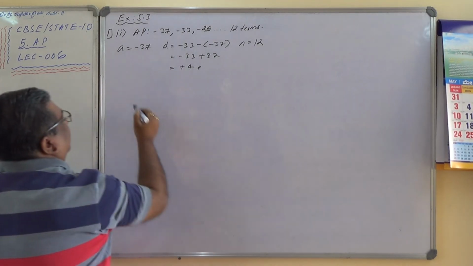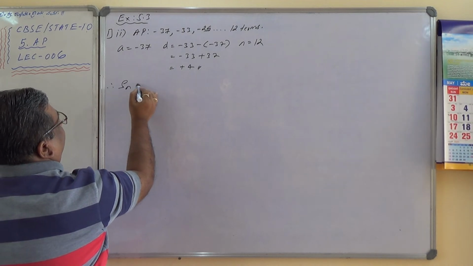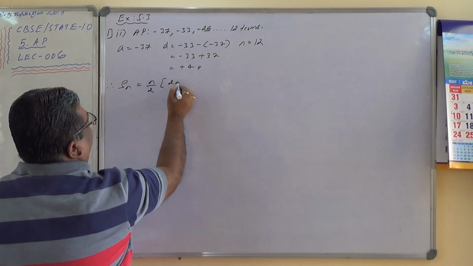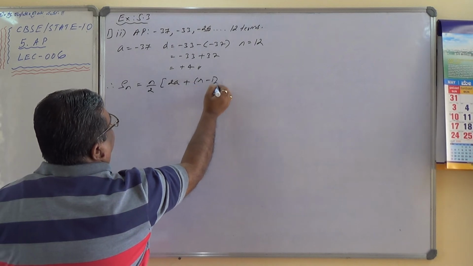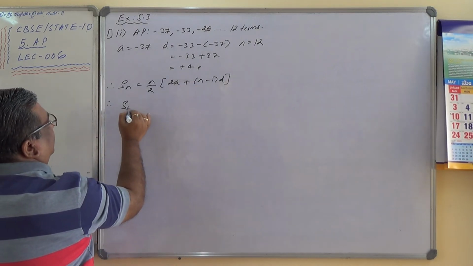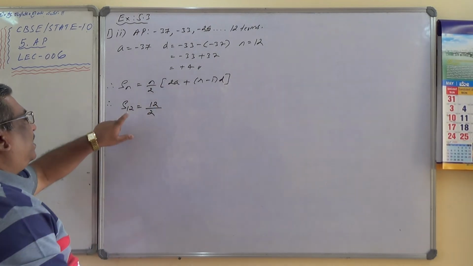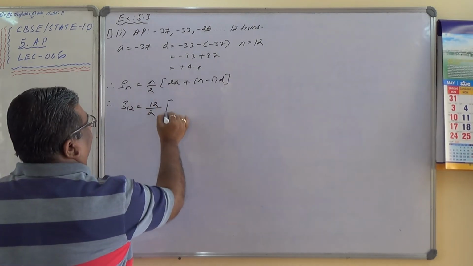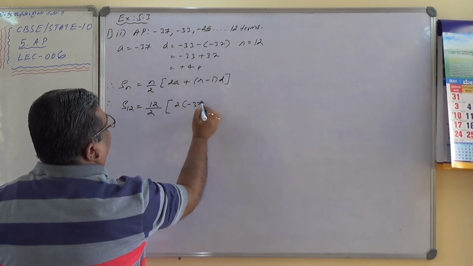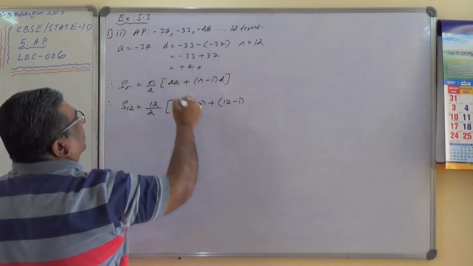Therefore, the sum of first 12 terms, Sn, is given by n by 2 into bracket 2a plus n minus 1 into d. This is the formula, and therefore S12 equals 12 by 2. Wherever n is there, you replace it by 12. 2 times a is minus 37, plus n, 12 minus 1, d is plus 4.